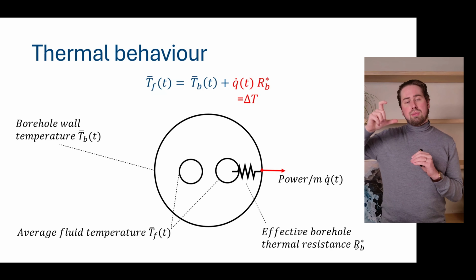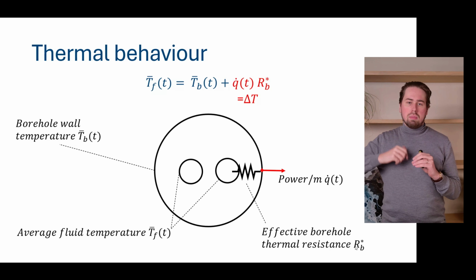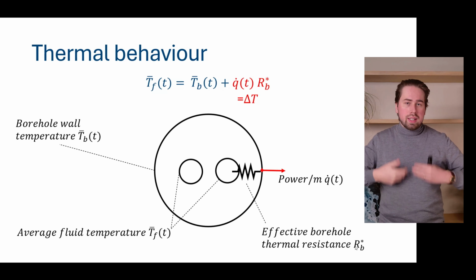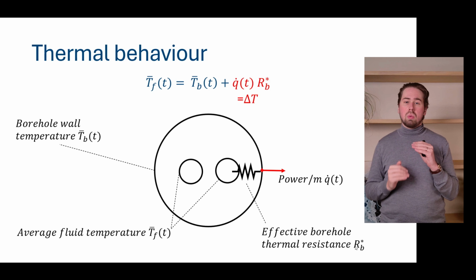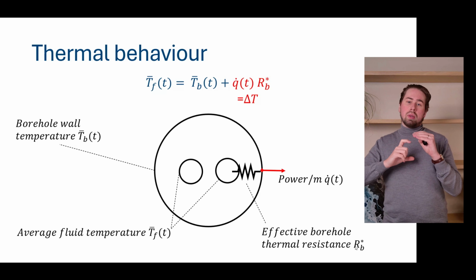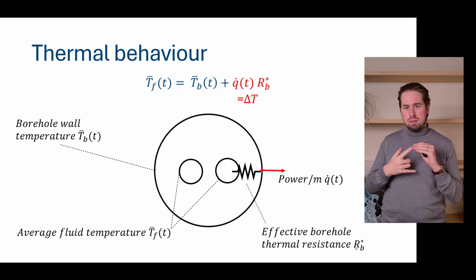So we have a positive delta T. But if we are extracting heat from the ground, our fluid temperature will be colder than the borehole wall temperature, meaning that in this case we have a negative delta T.